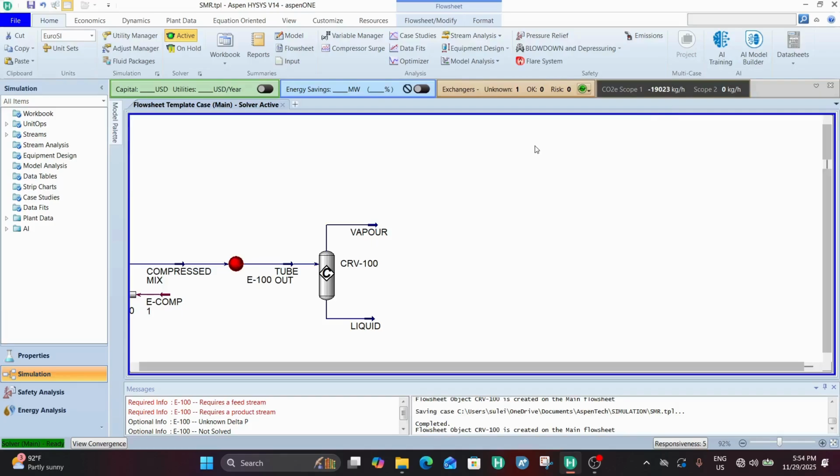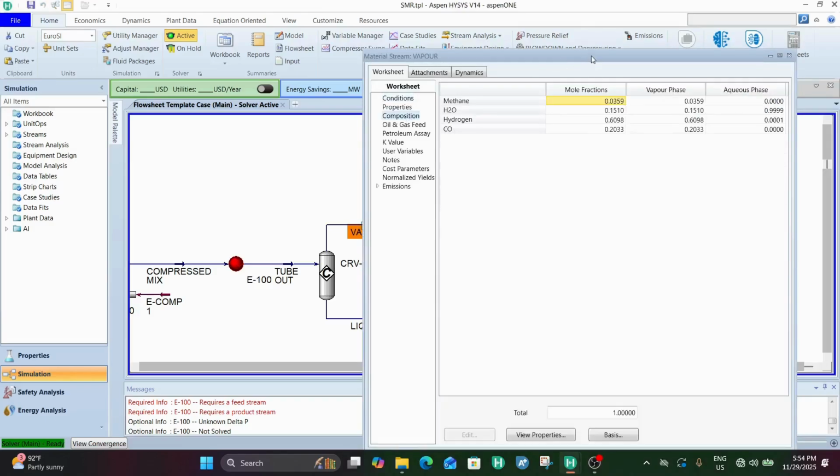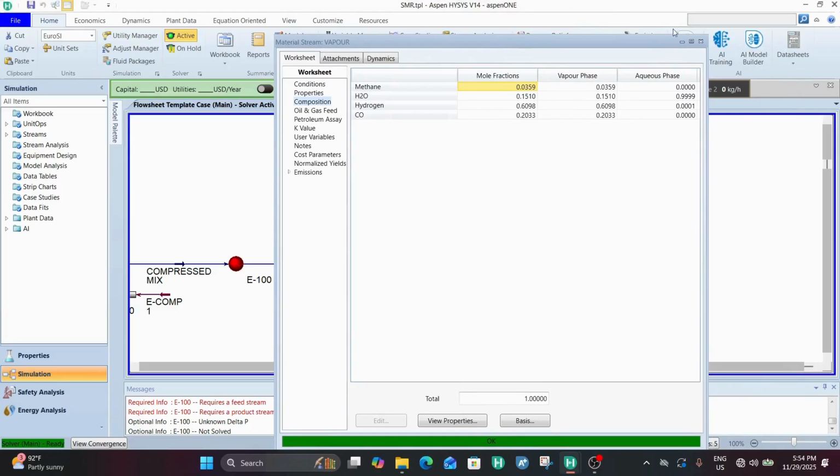So let's try separating the other components from our vapor, the other components from our hydrogen gas. Let's try doing that, even though it might be a bit hard. But at the very least, we could separate water. Carbon monoxide, hydrogen gas, and methane might be problematic.